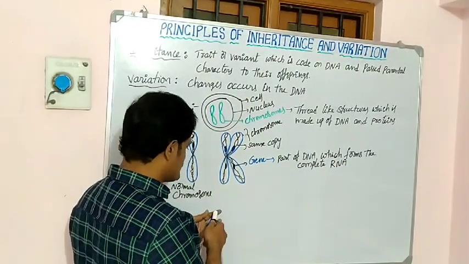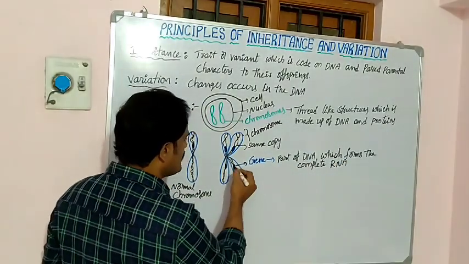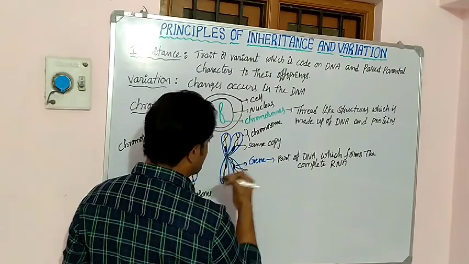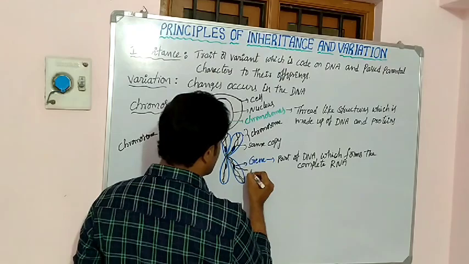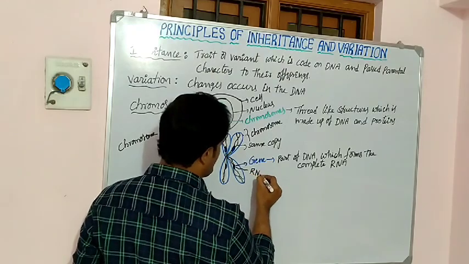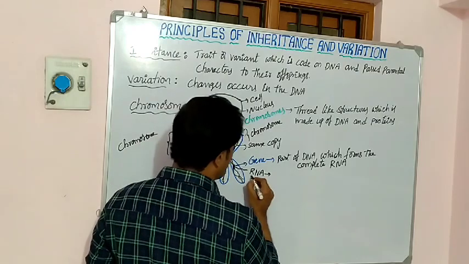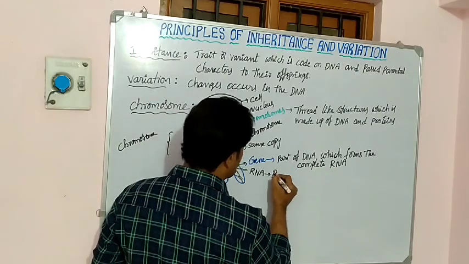Some portion of the DNA forms a thread-like arrangement. This thread-like arrangement is called RNA. Then finally the RNA forms the protein.